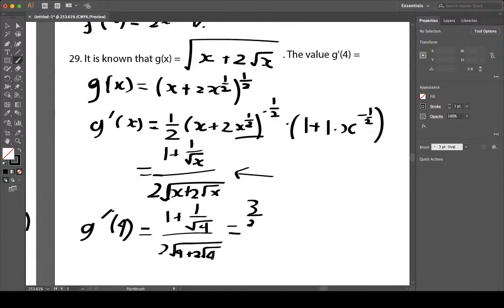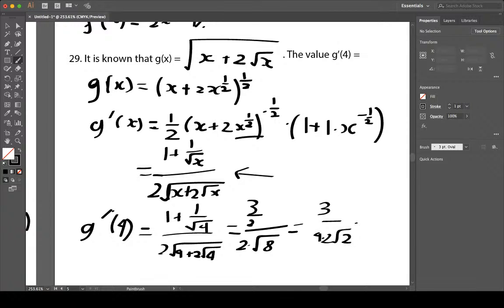So the downside there would be 2 times the square root of 2 times 2, that's 4. 4 plus 4, that's 8. The square root of 8. And so we can write this as 3 over 2 times 2, that's 4, times 2 to the square root of 2, which is basically the square root of 8.